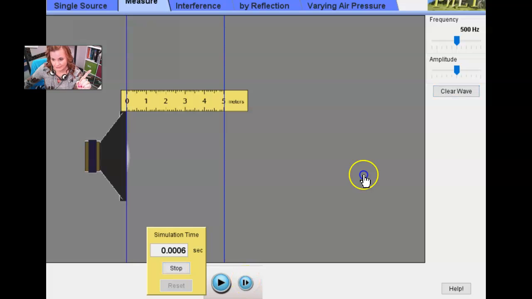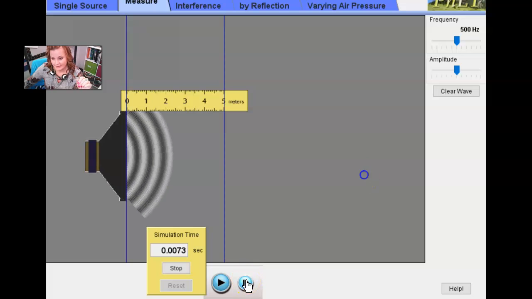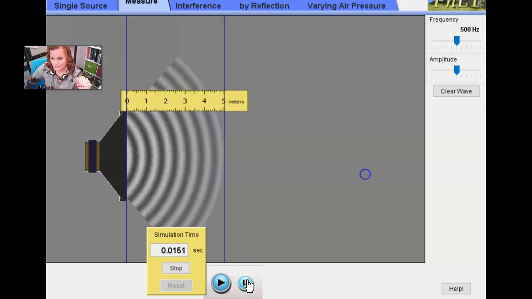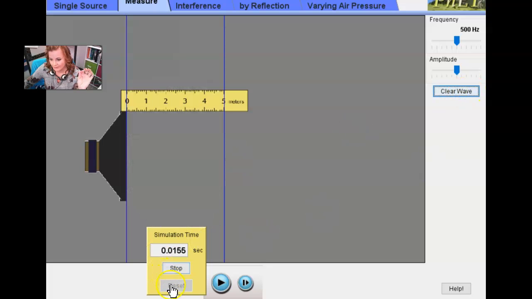I just push it little by little, let the wave come out. The second that first area of rarefaction hits the blue line, stop it. There's my time, 0.0153. I have gone over a little bit, but that's my time, right? Cool. Got to clear the wave, stop this, and reset it to start over.